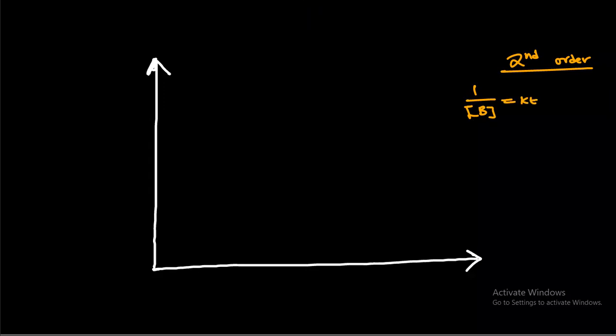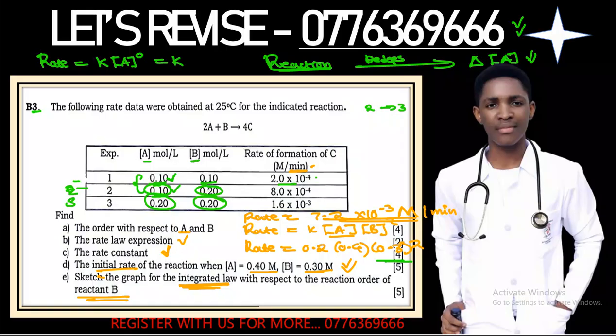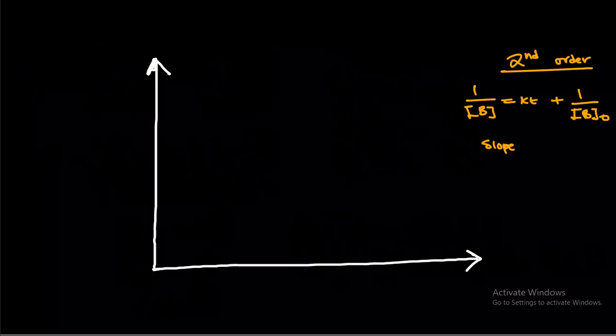plus 1 over [B] initial. It is the one which has a positive rate constant. What did I tell you guys? I told you that in this case our slope, so mention this because we are asked to sketch, not to actually plot, so it's just a simple sketch.